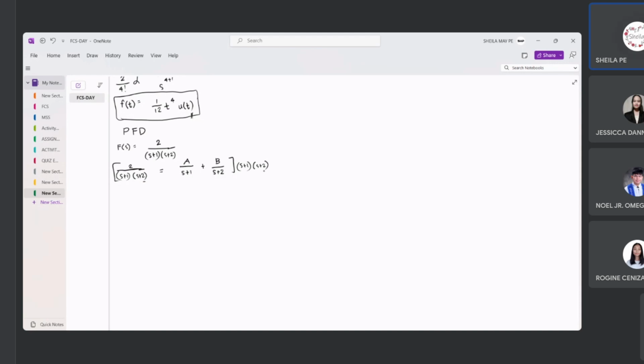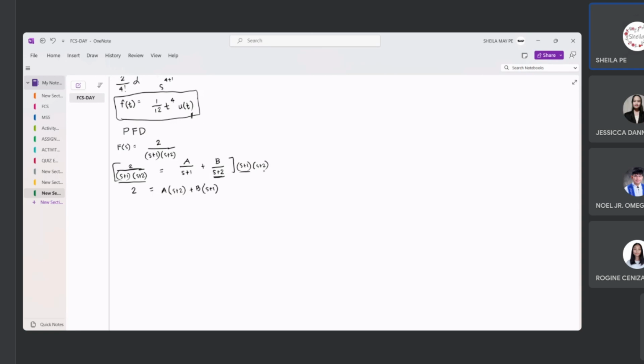Okay, you can either write this one, class. So 2 over (s plus 1)(s plus 2) times (s plus 1)(s plus 2), what remains is just 2, which is equal to (s plus 1)(s plus 2) divided by s plus 1, what remains is s plus 2, multiplied by A, so A times (s plus 2). For B, since B's partner is s plus 2, what remains to multiply with B is s plus 1.